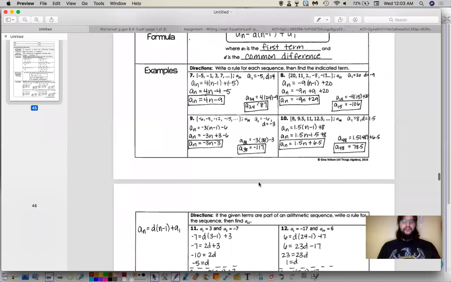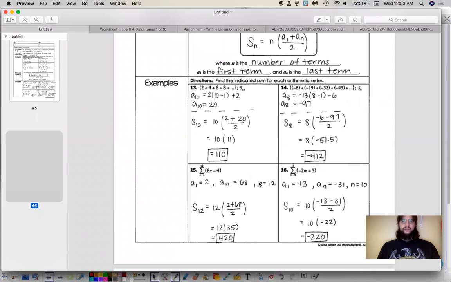All right, let's go straight over here. Let's see what they say for number 16. -220. Okay, so they just said it was S10. No explanation at all there.